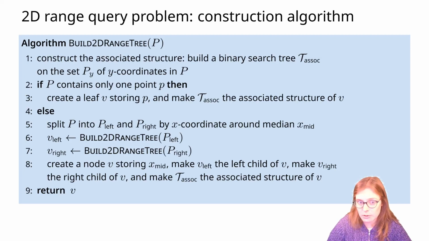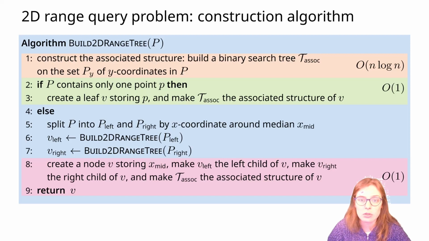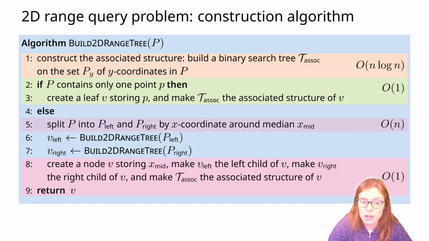Let's now analyze its running time. Creating nodes and pointers takes constant time. Creating the associated structure takes time big O of n log n, if n is the size of the input. Splitting this set of points into two subsets takes linear time.